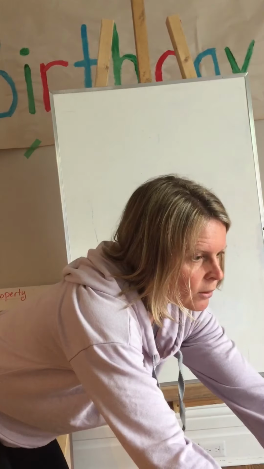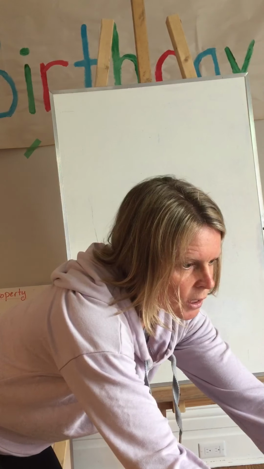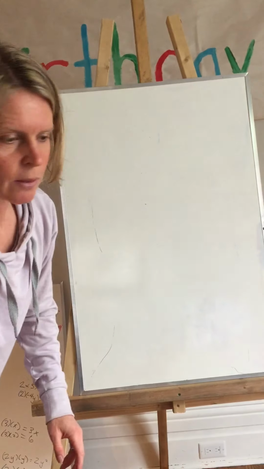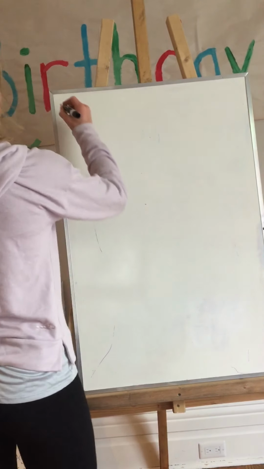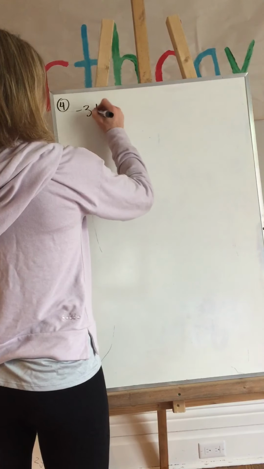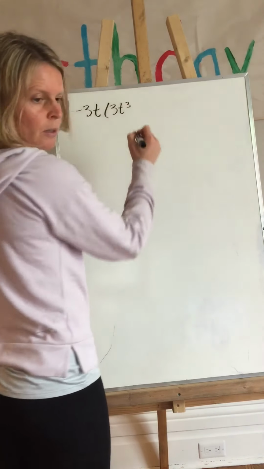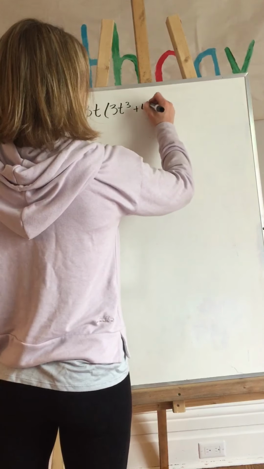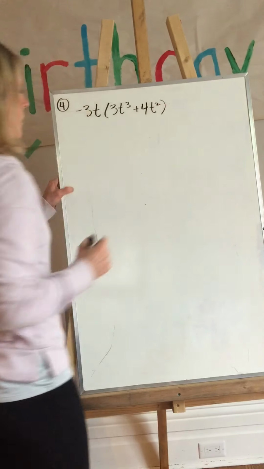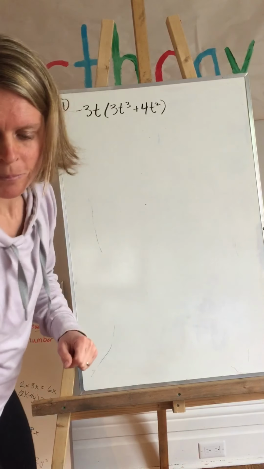So I've got a couple more examples for you before you get into your worksheet. Let's try this one here. This will be example number 4. So negative 3t times 3t cubed plus 4t squared. Okay, so you can pause it.